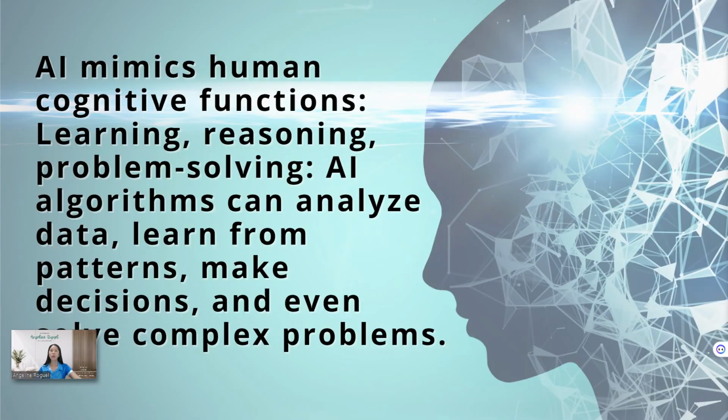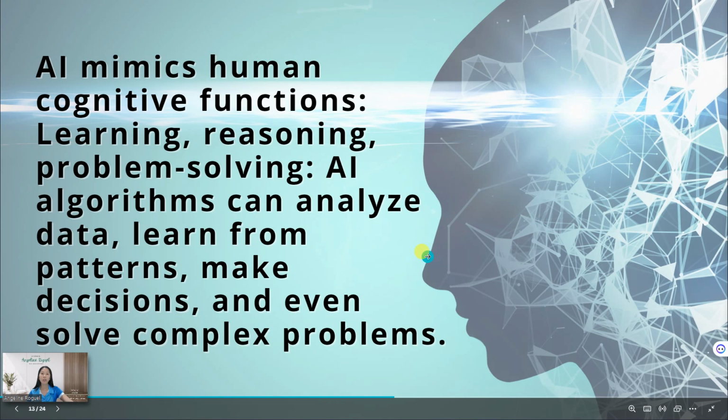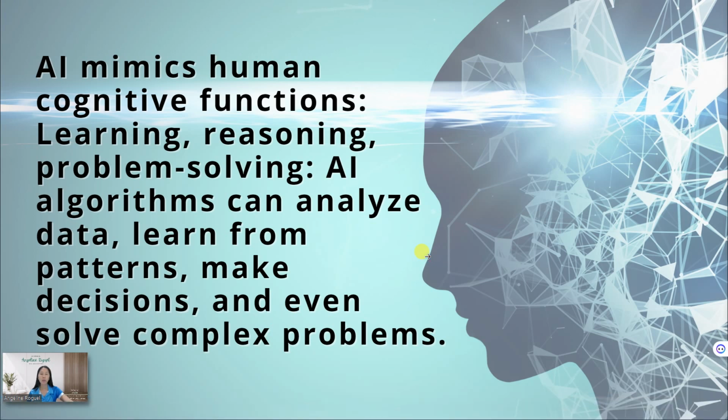AI also mimics human cognitive functions: learning, reasoning, and problem solving. AI algorithms can analyze data, learn from patterns, make decisions, and even solve complex problems. Actually, when AI was introduced earlier this year, a lot of people panicked because AI can do programming and coding, like web developers or software engineers. So everyone is thinking, am I going to lose my job because of AI?